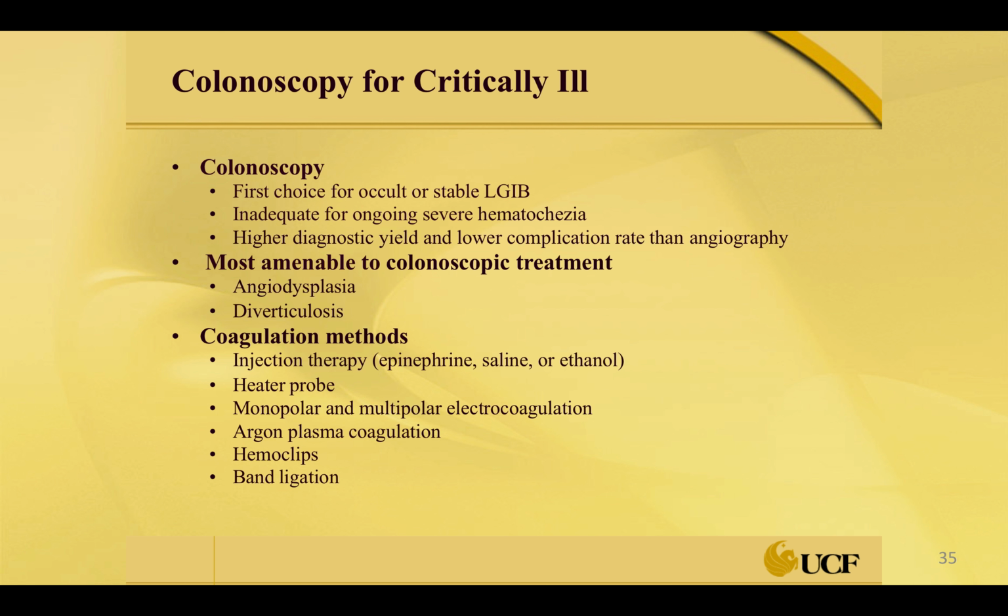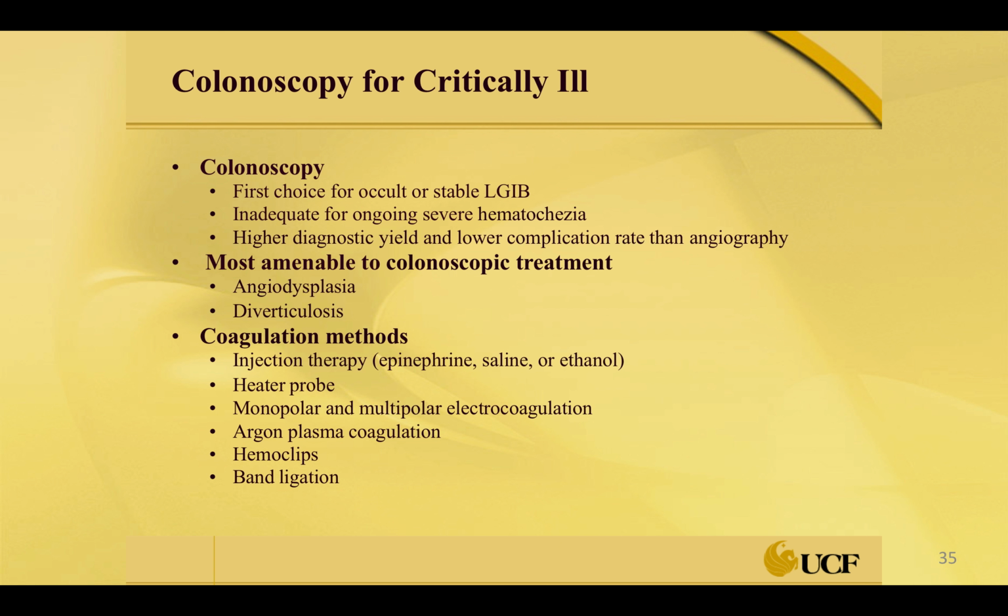Colonoscopy is the first choice for cold blood or stable lower gastrointestinal bleed. It is inadequate for ongoing severe hematochezia. It yields higher diagnostic yield and lower complication rate than angiography.